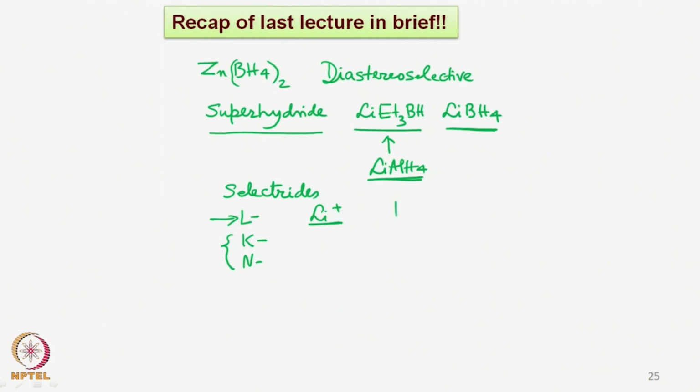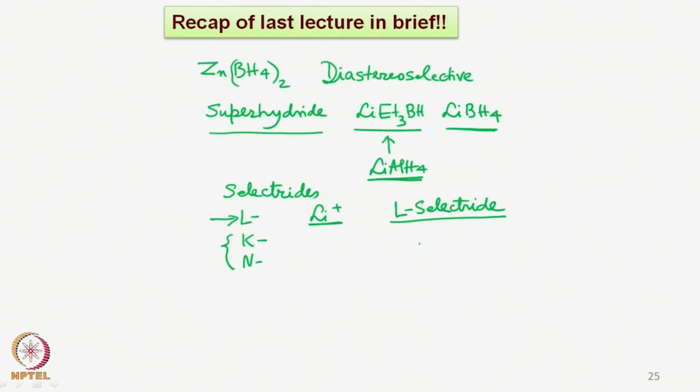Therefore L selectride is the reducing agent of choice, in which we have the secondary butyl group as a bulky substituent on the borohydride based reducing agent, and therefore L selectride was obviously a choice for the reductions in which high diastereoselectivity is expected, and we saw some examples.